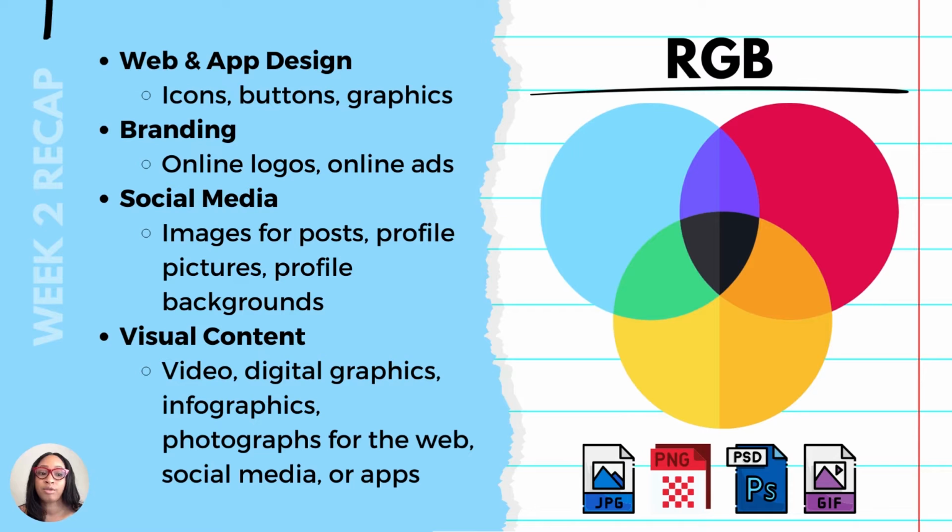And that can be for videos, digital graphics, infographics, photographs for the web, and also social media and other apps. And so, as you can see, there is JPEG, PNG, PSD, and GIFs.